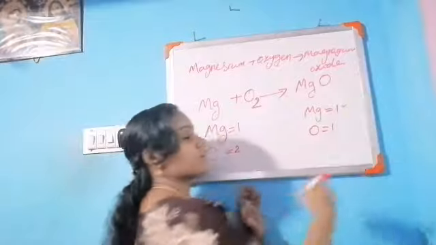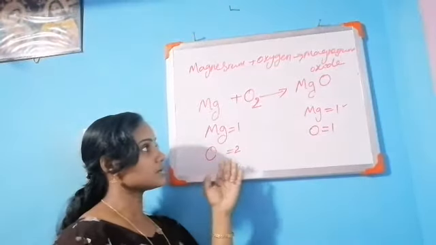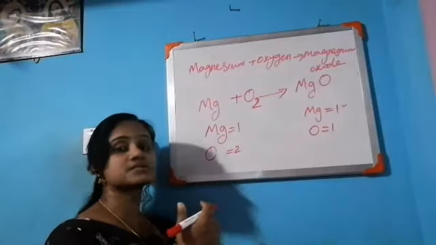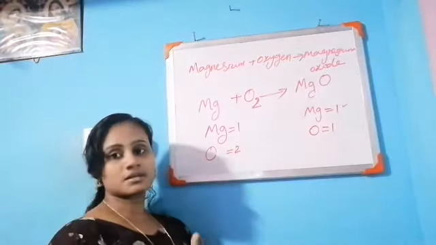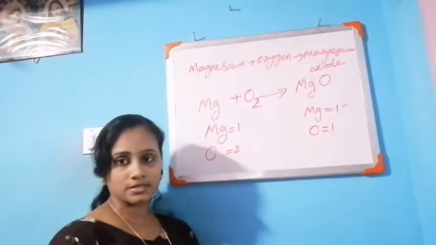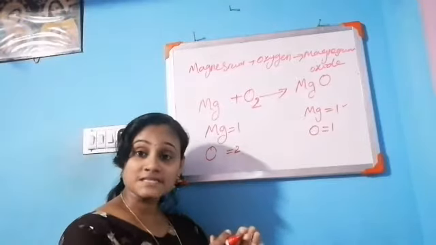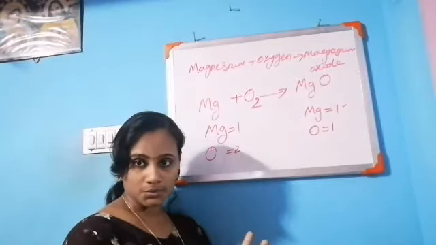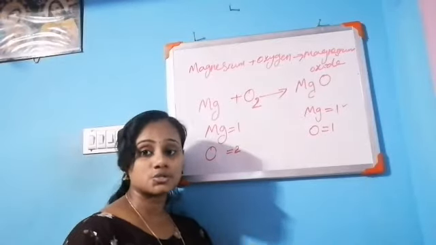Magnesium is the same on both the reactant side and the product side. But in the case of oxygen, the reactant side is higher. Oxygen is less on which side? That is the product side. So we multiply the compound on the product side by 2.